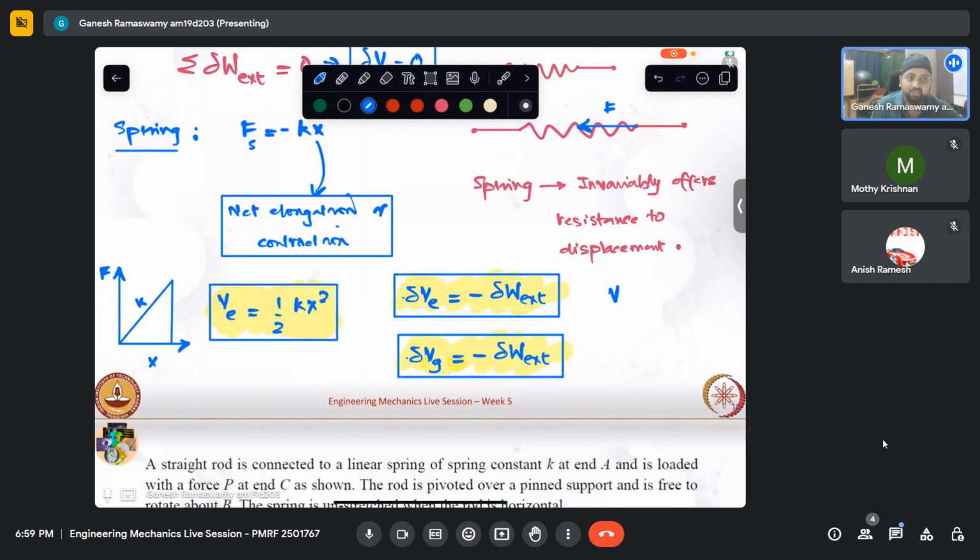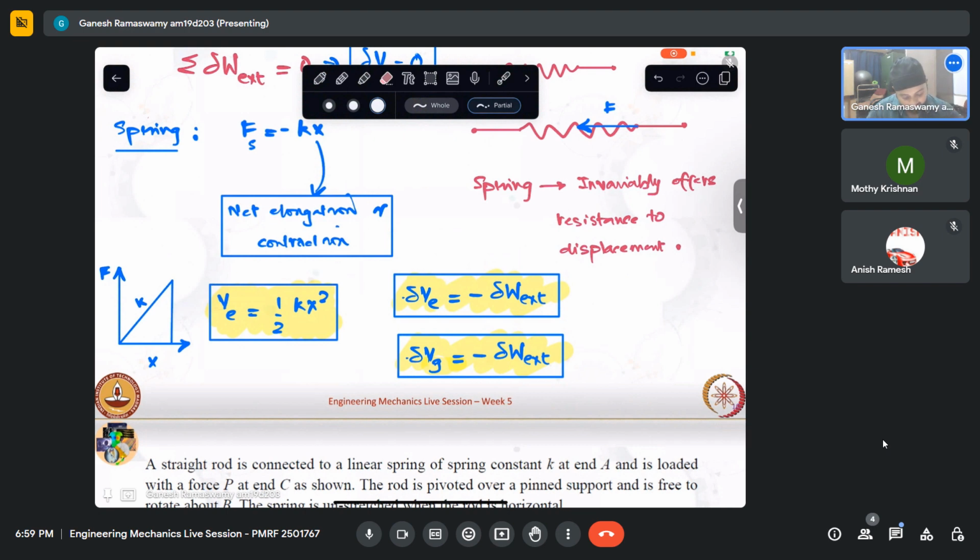So V dash equals 0 gives me an equilibrium condition, meaning the first derivative equal to 0 gives me an equilibrium condition. So if V, being a scalar function, is denoted by some coordinate, it means that its extrema, either the maxima or minima, represents a position of equilibrium. That is what this means.